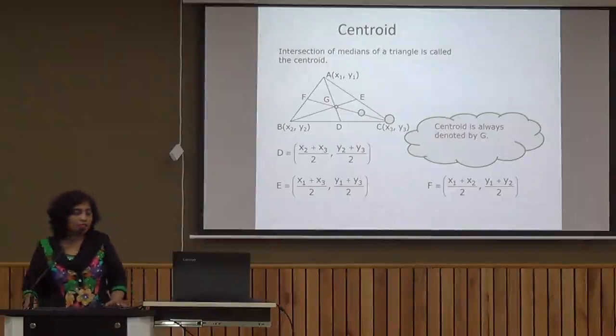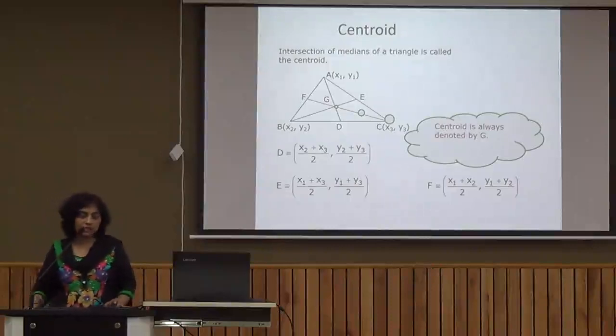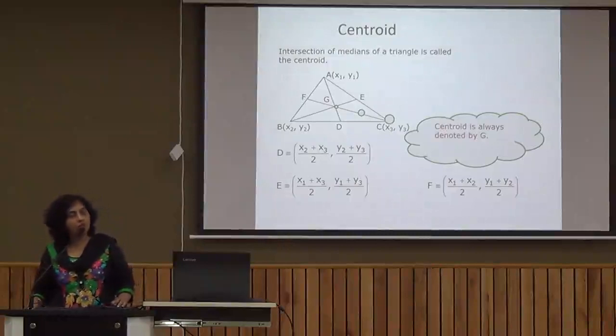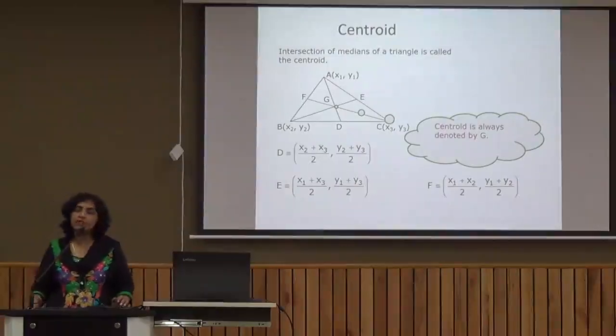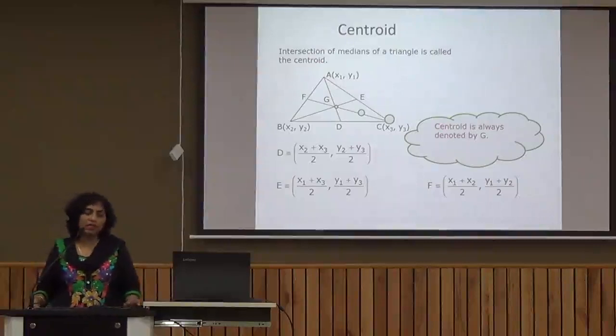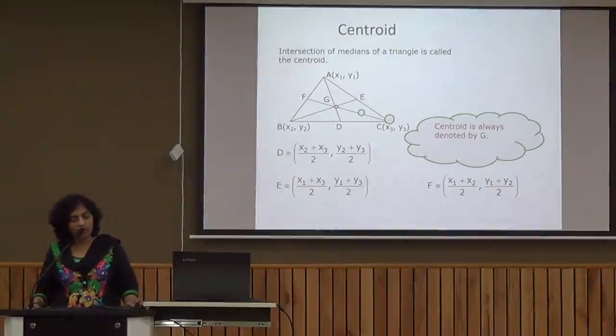So first we take AD as the median on the line BC, and we find out the coordinates of D. Now since D is the midpoint of BC, we get the coordinates of D as x2 plus x3 upon 2 and y2 plus y3 upon 2.